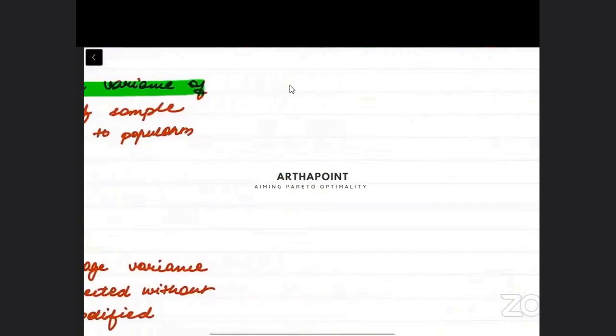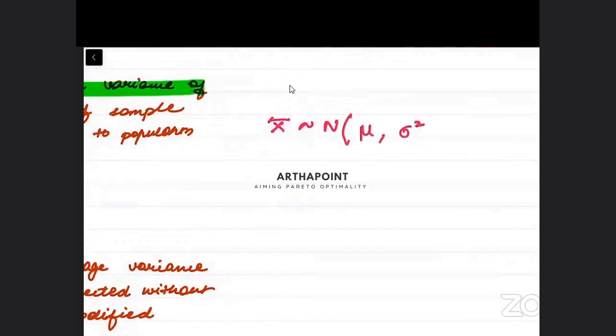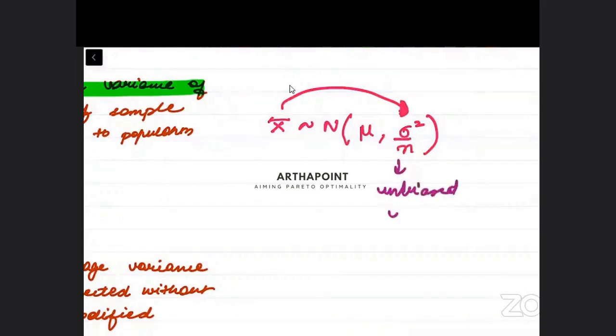So what does this mean? Have a look once. When I say x bar is normally distributed with mean mu and variance sigma square by n, this is the variance of x bar. Now I want to ask, is this variance an unbiased estimator of the variance of the population or not? The answer is yes.